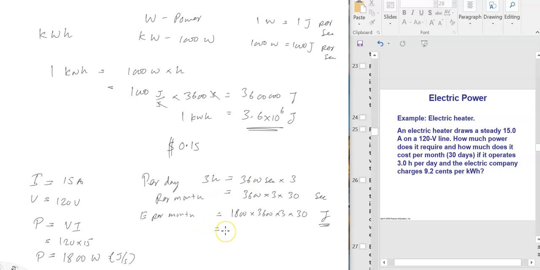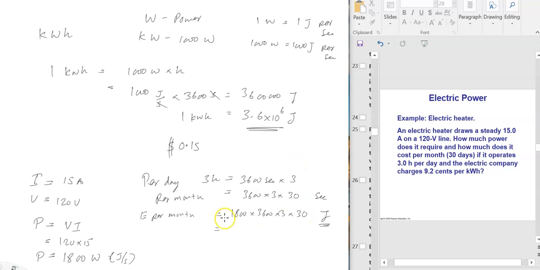So let's see what that number is. You guys can do the math. I'm not going to do all the math before I come to the last answer. And let me just calculate it, easy for everybody. 1800 multiplied by 3600 multiplied by 90.